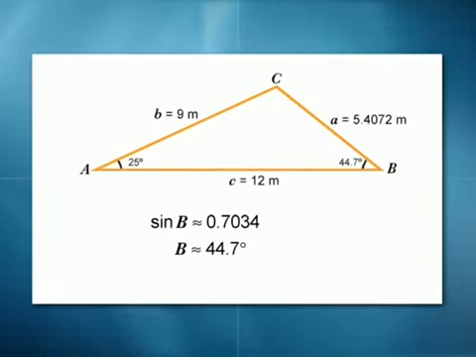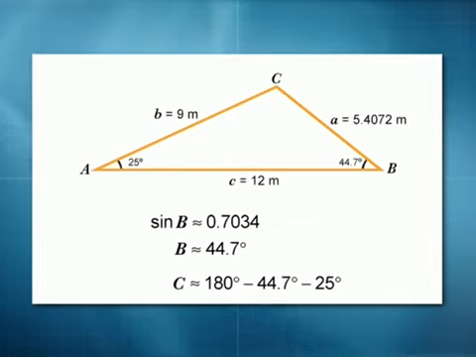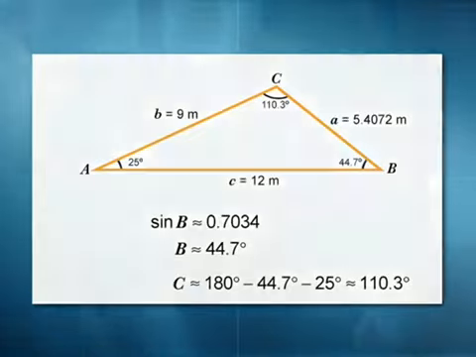So B must be acute. We now know B, we know A, and hence the angle C is the subtraction 180 minus 44.7 minus 25. C is 110.3 degrees. Whew. Took a lot of work to solve that triangle.